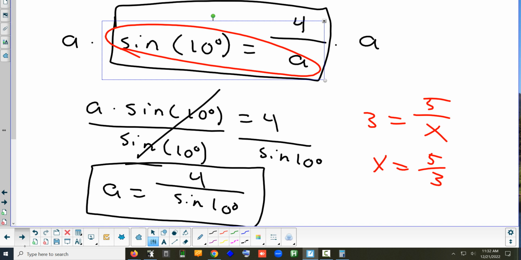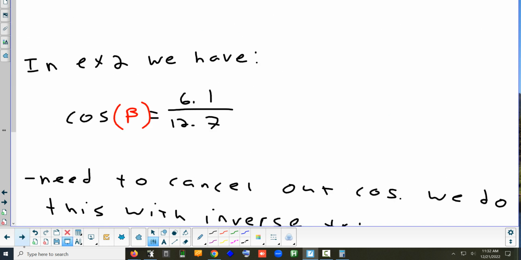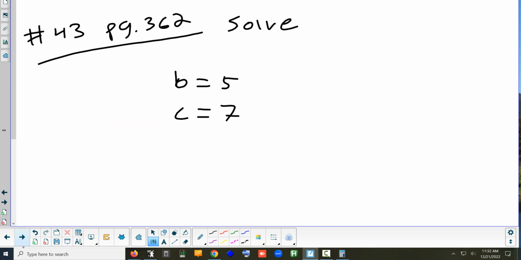Okay, so we looked at the side and the angle. We looked at the side and the side. This is another problem I had with a side and a side again. Does anyone want to see another one with side and side? Well, how would you get the third side? You could do Pythagorean theorem.